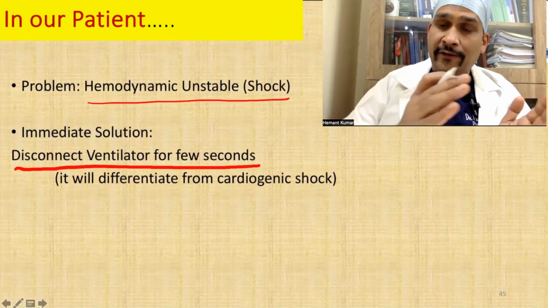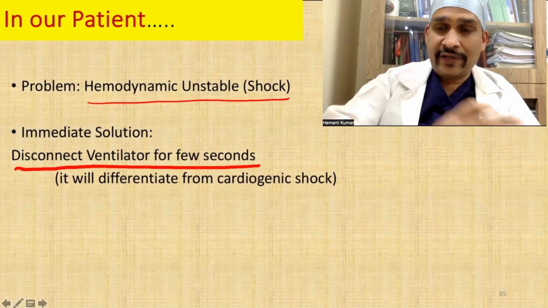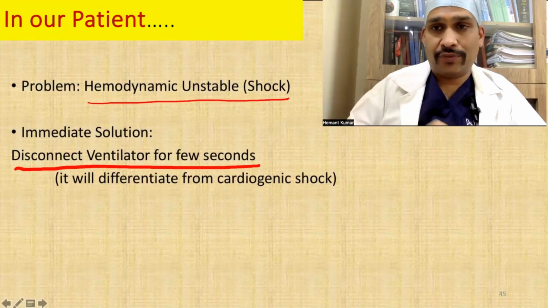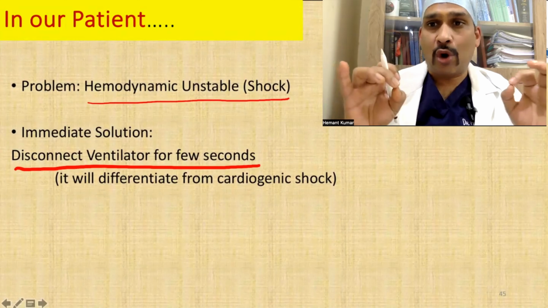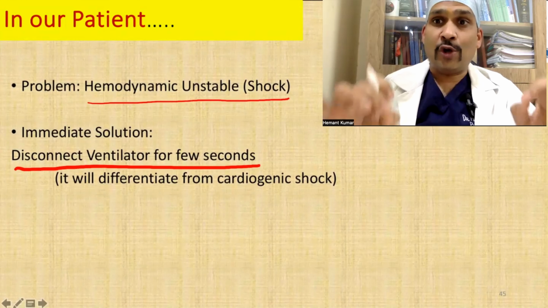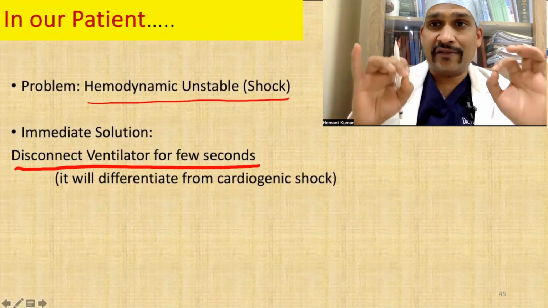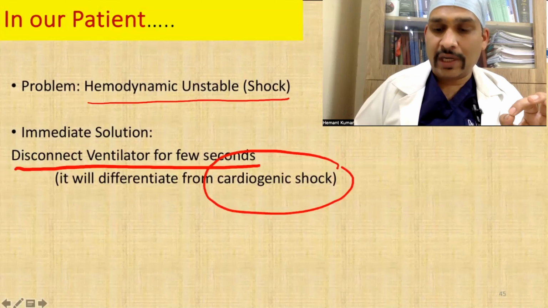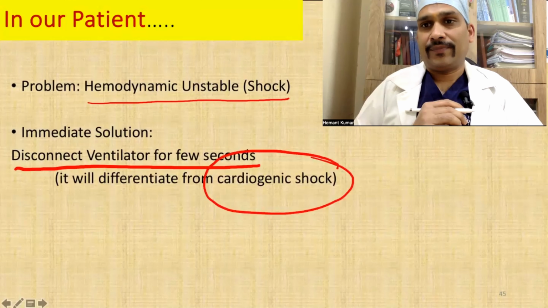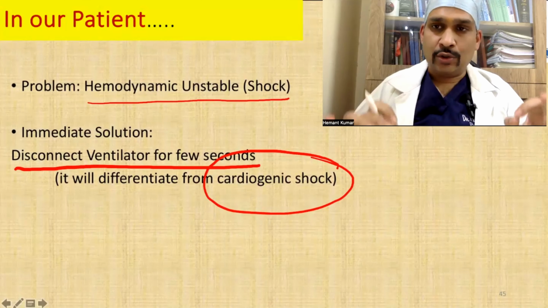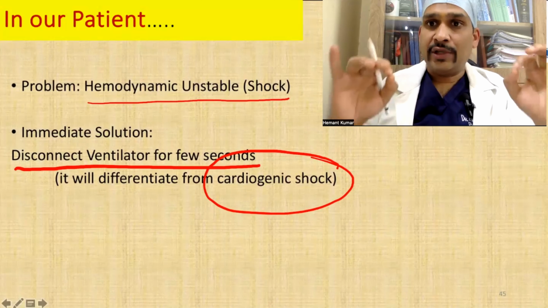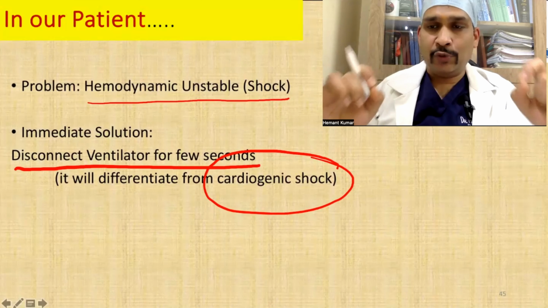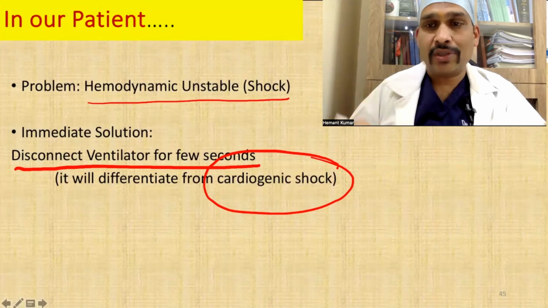If after disconnecting the ventilator the shock resolved, it means the shock was due to auto PEEP. If shock persists even after disconnecting the ventilator, the shock is probably cardiac. You understand? So if it improves, it was due to auto PEEP; if not improving, we need to rule out cardiogenic shock.